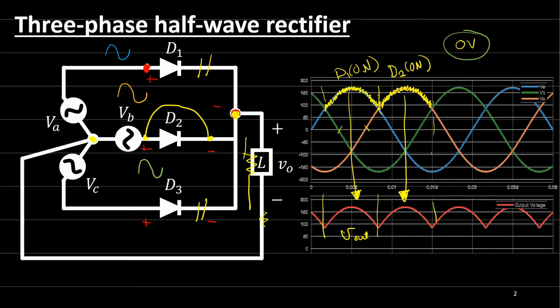Same thing will happen when phase C became larger than other phases. So both diode 2 and diode 1 will be off, be open circuit, and diode 3 will be on, means conducting.